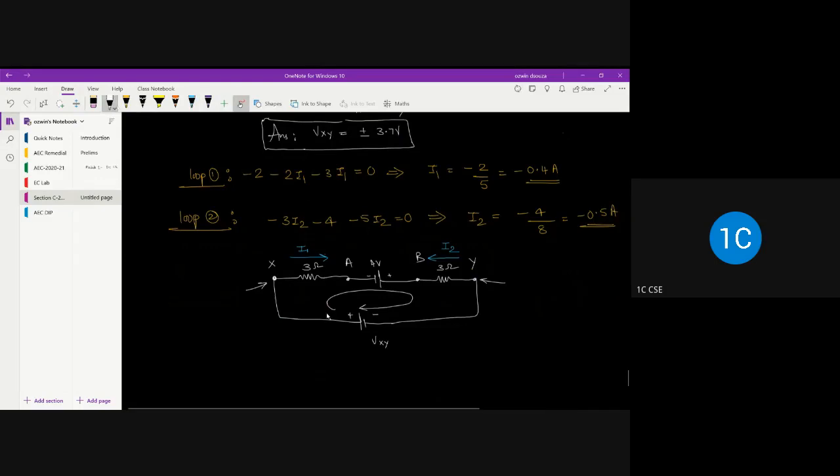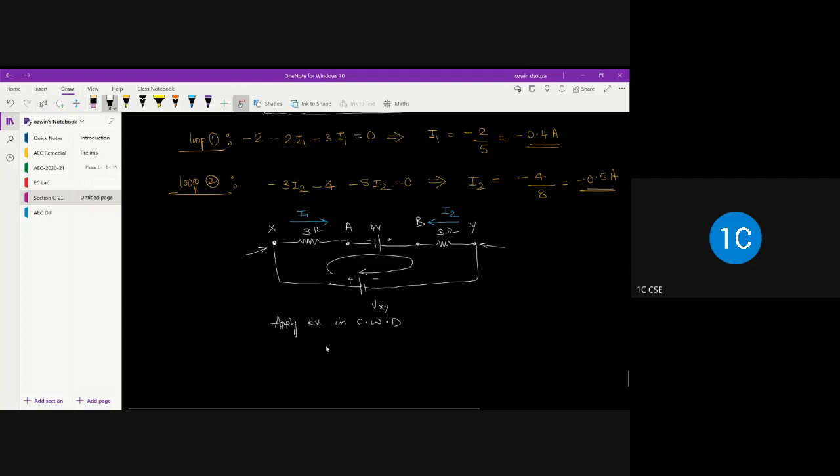Once that is done, you can apply KVL. So let's apply KVL in the clockwise direction. First of all, the battery is traced from negative to positive, and then you have the drop, that is minus 3 into I1, and then you have a battery potential which is plus 4, and you see you are moving in clockwise direction, but I2 is flowing in the opposite direction, hence plus 3I2 is equal to 0.